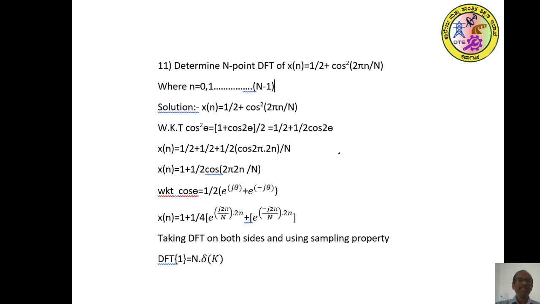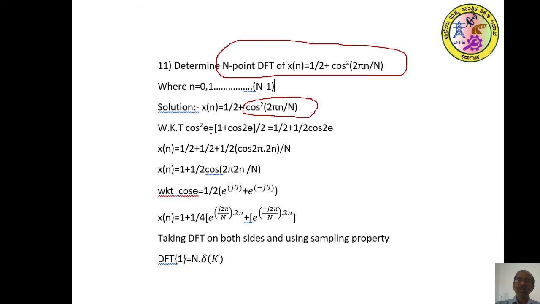Next problem: they have given a problem to compute the N-point DFT for x of n equal to half plus cos square theta. You must remember that the cos square theta formula is given by 1 plus cos 2 theta by 2. So rearrange this. Again the cos theta is given by e power j theta plus e power minus j theta by 2.